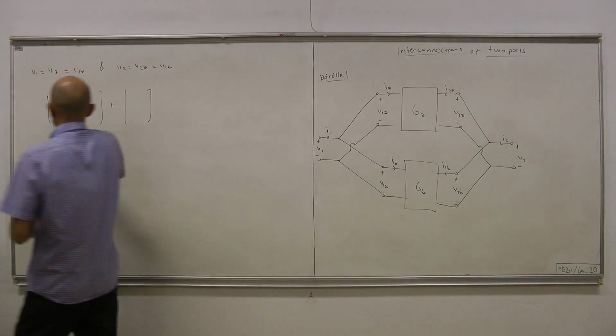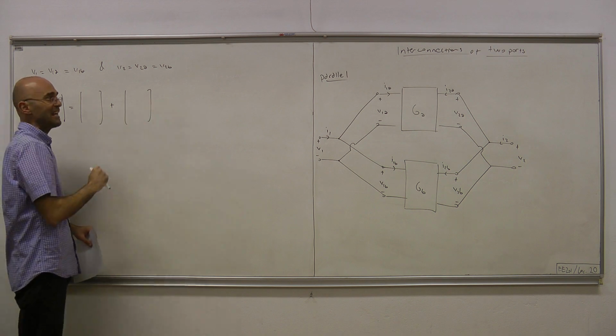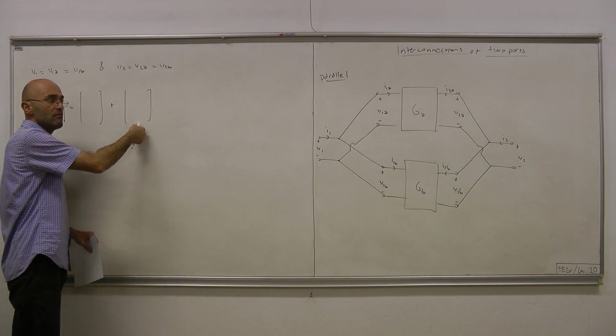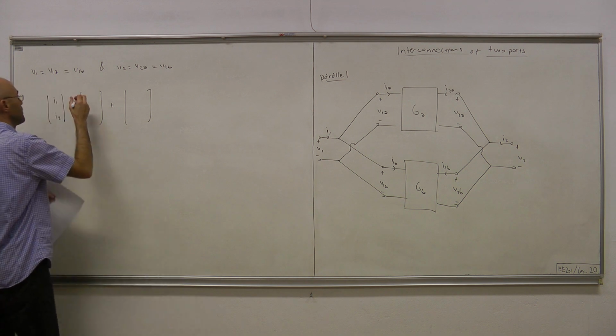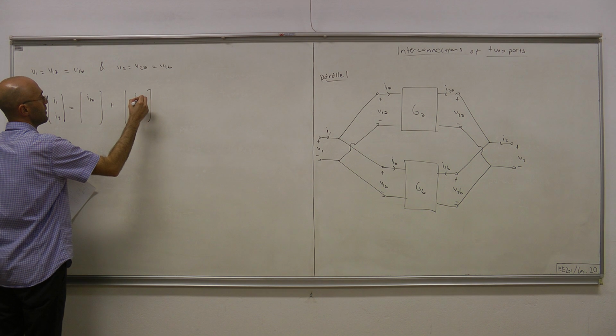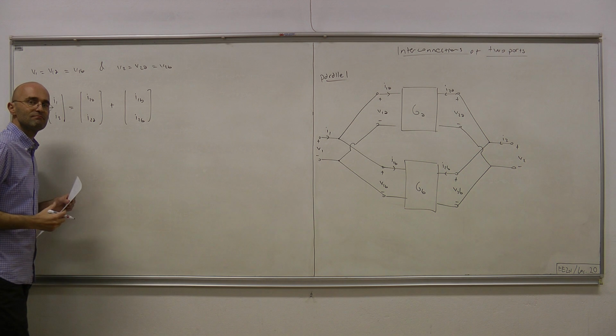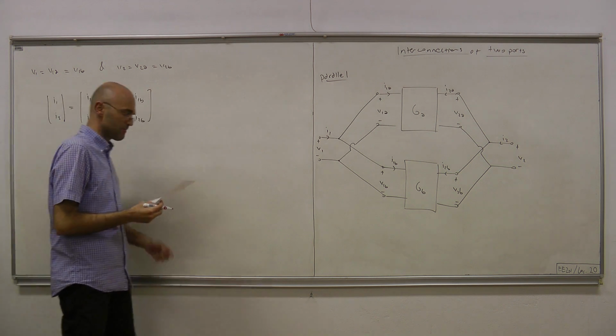Therefore, the current vector here equals the current vector for the A 2 port plus the current vector for the B 2 port. So I1A, I1B, I2A, I2B. Okay.